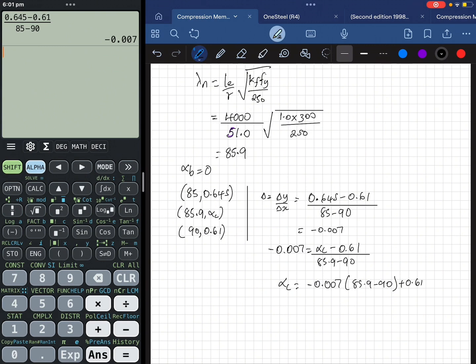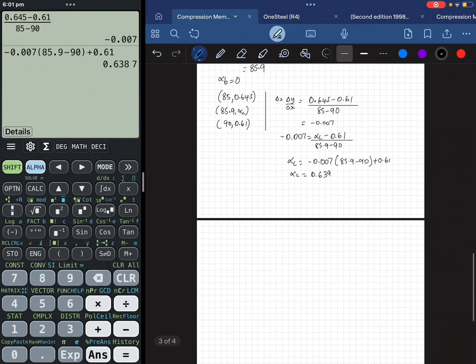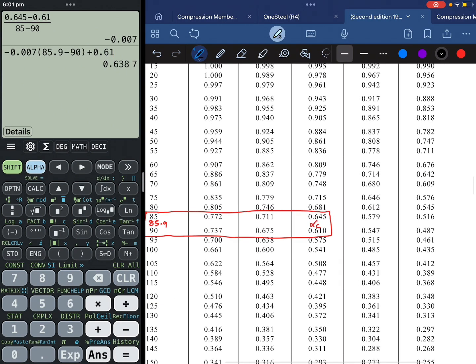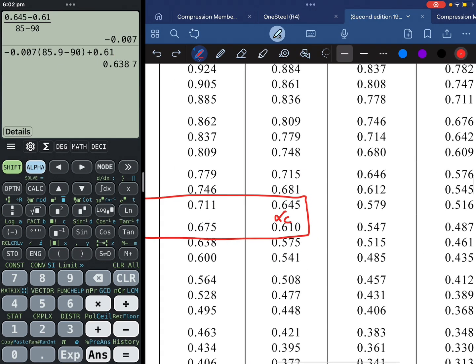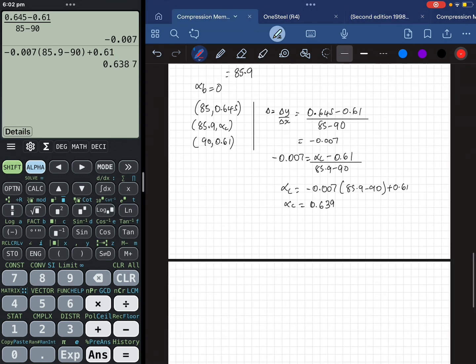Alpha c then is minus 0.007 times 85.9 minus 90, plus 0.61, which gives you 0.639. And here you can see that 0.639 is somewhere between these two numbers, so that makes sense.